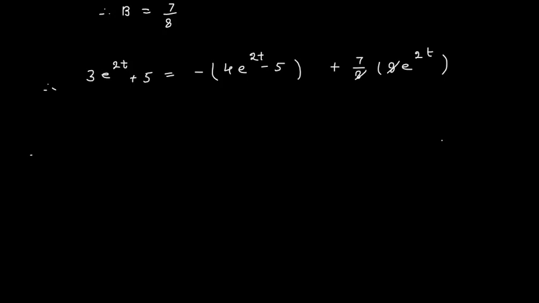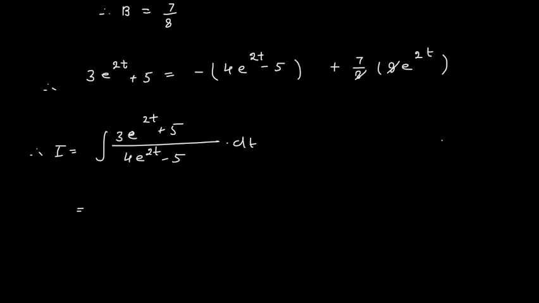Therefore I, which is the integration of 3 into e^(2t) plus 5 upon 4 e^(2t) minus 5 into dt.